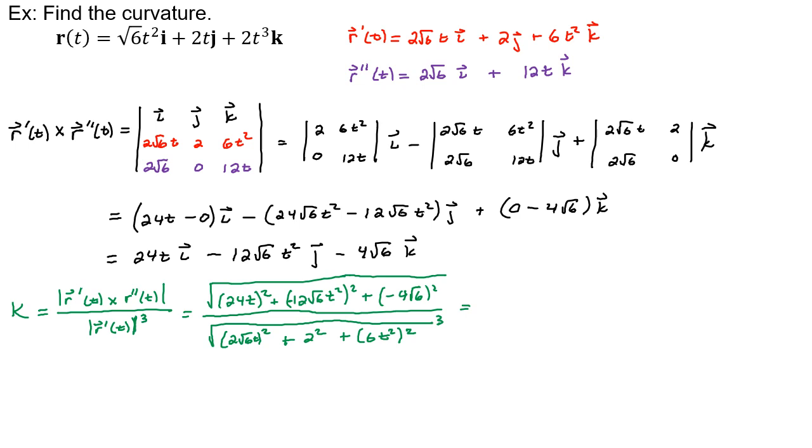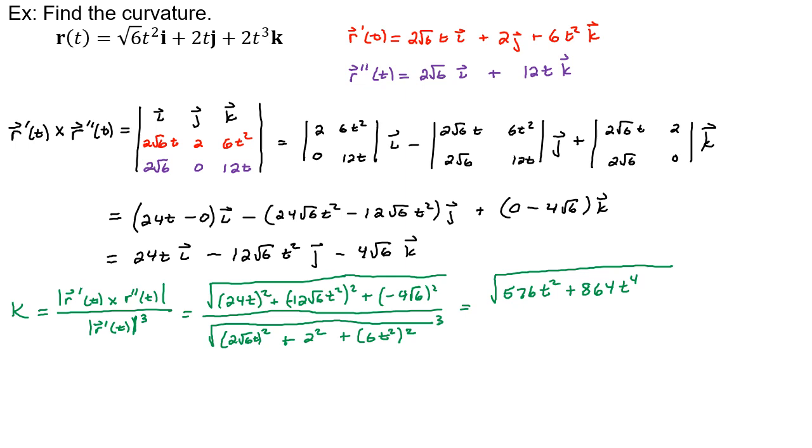Yummy, yummy, yummy. So 24 squared is 576, for those of you who don't know off the top of your head. The root 6 squared would be 6. The 12 squared is 144. So you're doing 144 times 6, which is 864 times t to the 4th.